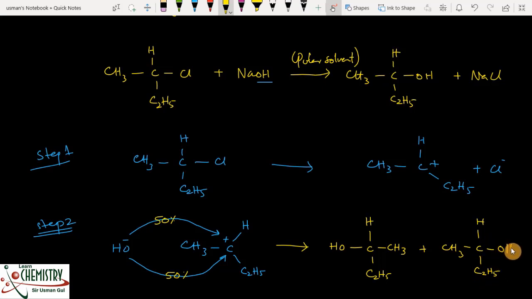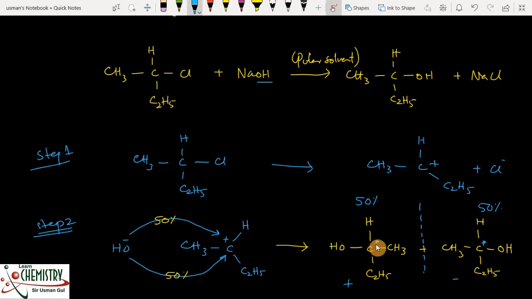Now what kind of difference can you find between these two products? Let me write down the percentage as well: 50% here and 50% this way. If you compare these two products, both are mirror images of each other, and this carbon is a chiral carbon. One will be a plus enantiomer and the second a minus enantiomer.